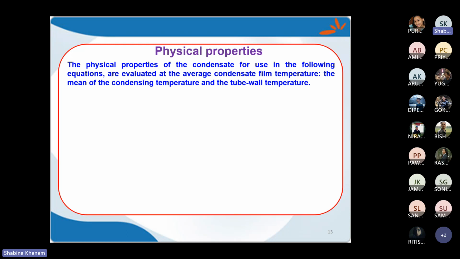In that case, the average condensate film temperature will remain the same, whatever the condensate temperature would be. However, when condensation is carried out, we still observe a 1 or 2 degree difference when you measure the condensate temperature, but that will be very marginal. The average temperature will be similar to the condensate temperature in terms of a pure component, or one component, that may be steam or so.